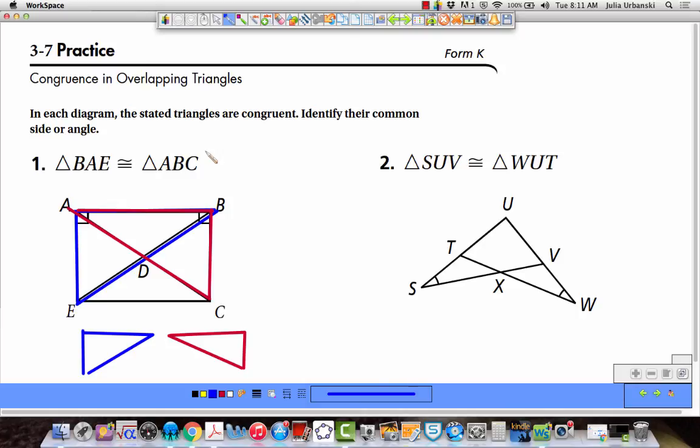I'm going to tell you right now, it's a side. What side is both in the blue triangle and in the red triangle? BA. BA is both in the blue part and in the red part. So put the X right there, and that's the answer, A.